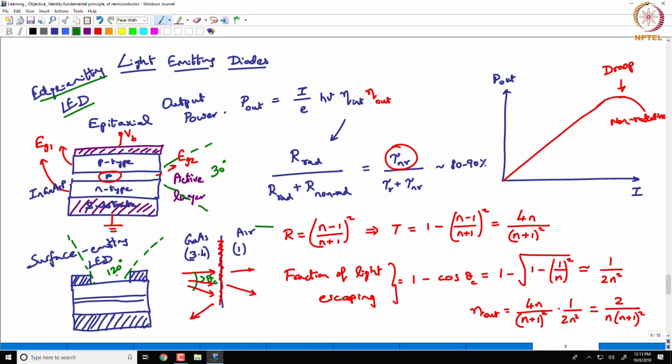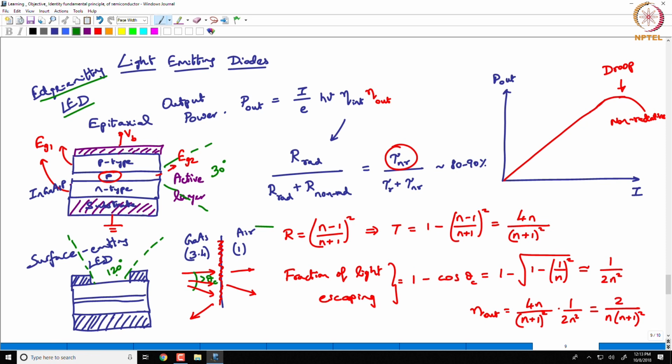Now, we talked about the output power as a function of injected current, and we said, okay, we have a fairly linear dependence in terms of the output, and of course, we also said it cannot go forever, because as you inject more and more carriers into the structure and they get confined in that active region, you end up having such high carrier density that you might actually have collisions between the carriers, and that might generate heat, and that will reduce the radiative efficiency.